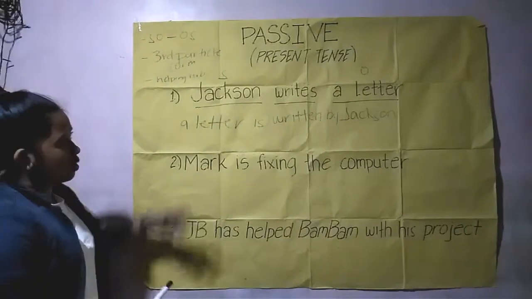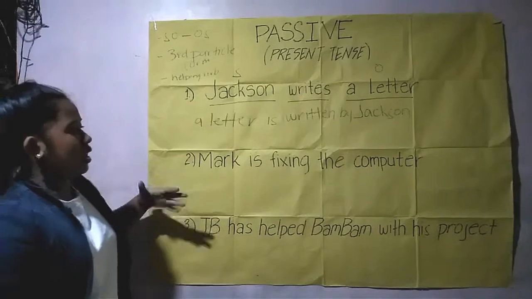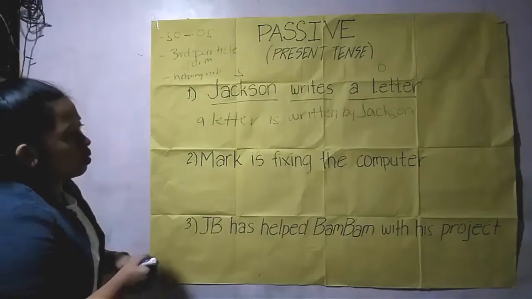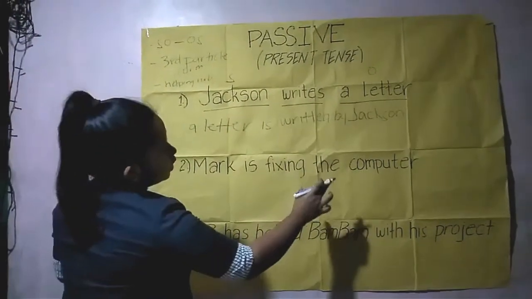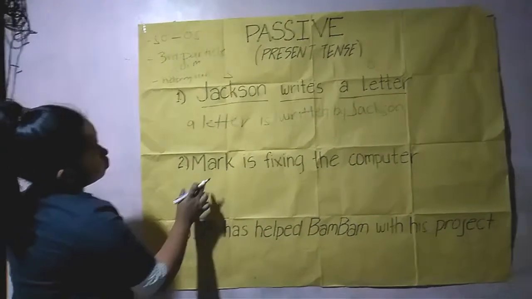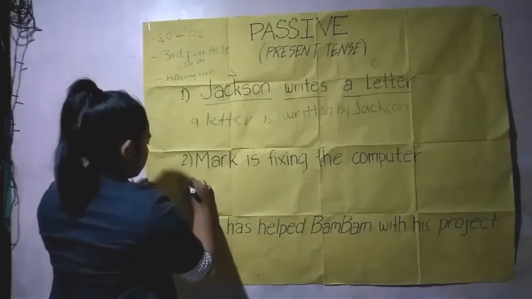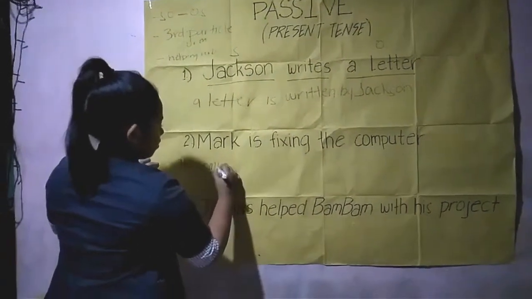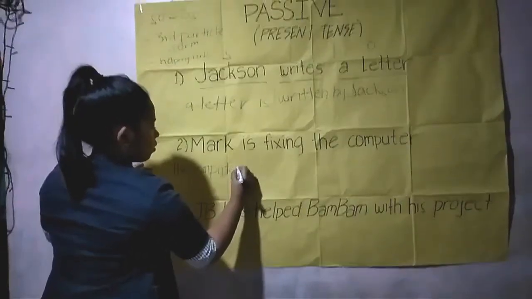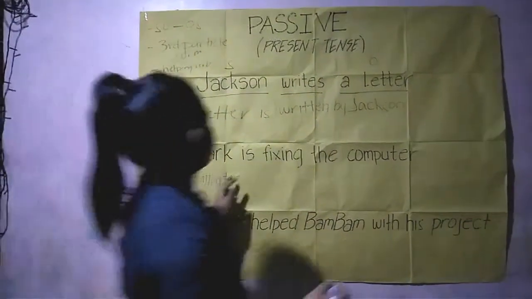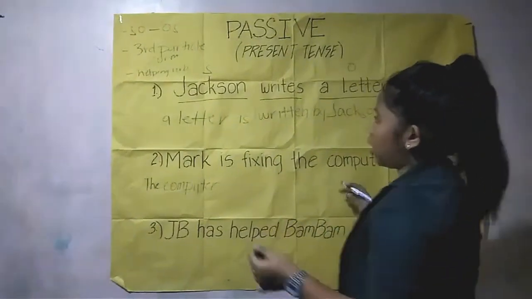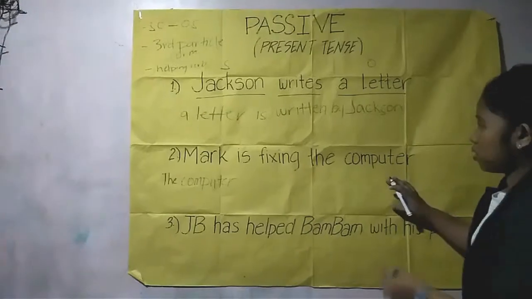So like what we did in the first sentence, we will do it again on the second. We need to put the object here in the subject position, and the subject will be here in the object position.